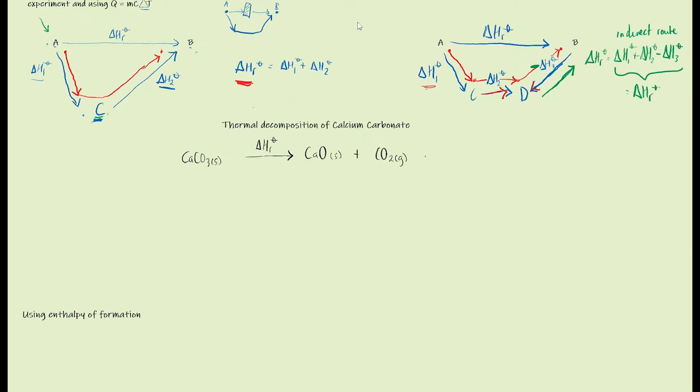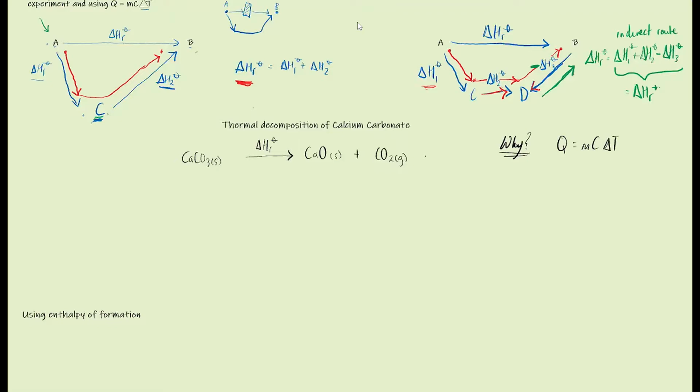Now delta HR is just, like I said, enthalpy of reaction. We do have the previous video to this that discusses what delta HR means, so please go and revisit that. Now, why can't I measure this directly? Why can't I go and get the temperature change and use Q equals mc delta T?